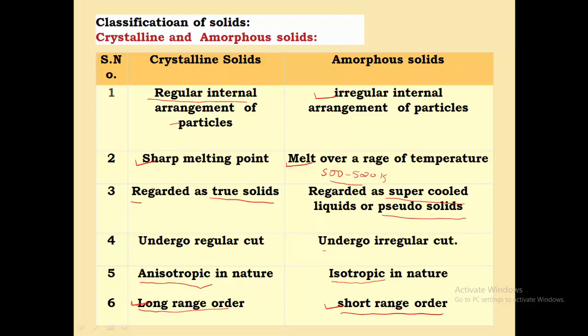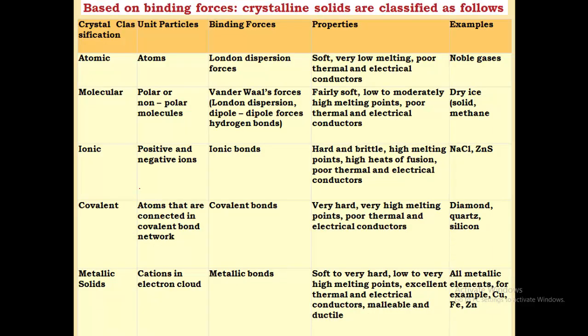That is used in a device known as a solar cell or photovoltaic cell. So these are certain differences as well as characteristics of crystalline solids and amorphous solids.